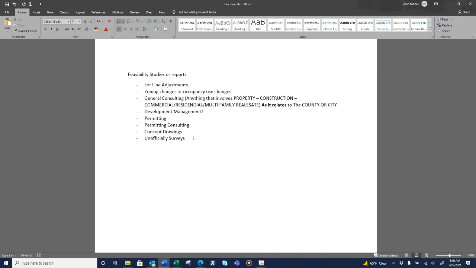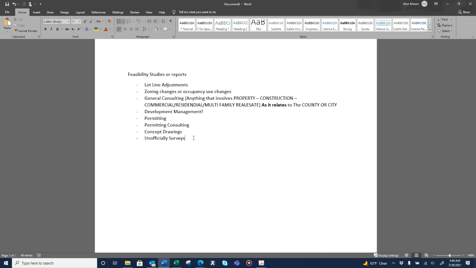So, unofficial surveys. What I'm talking about here is many times people want surveys, and surveyors, again, are one of those people that carry a stamp. So when someone carries a stamp, they also carry a billable rate at over $120 an hour plus, and they stamp their stuff.